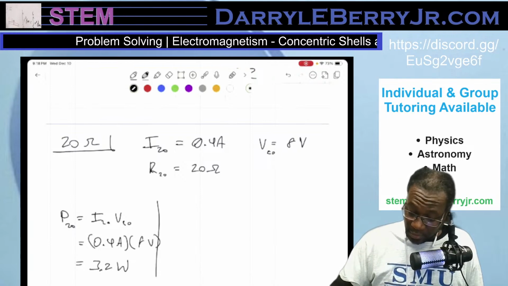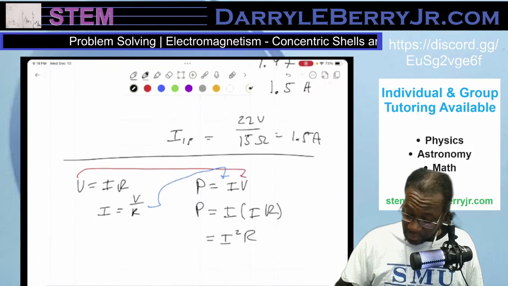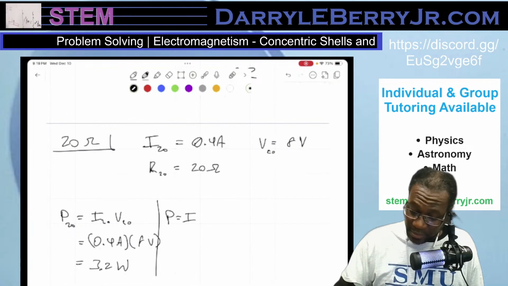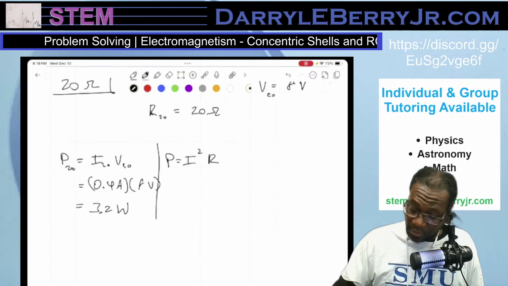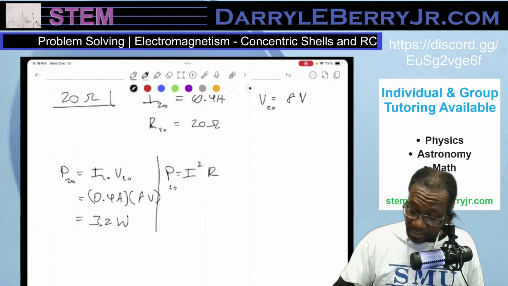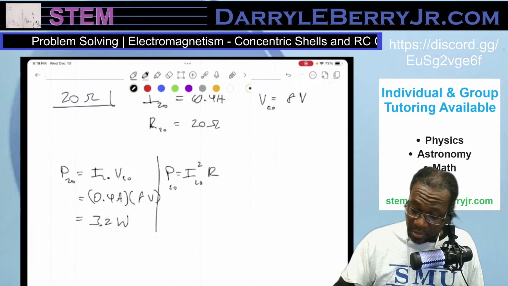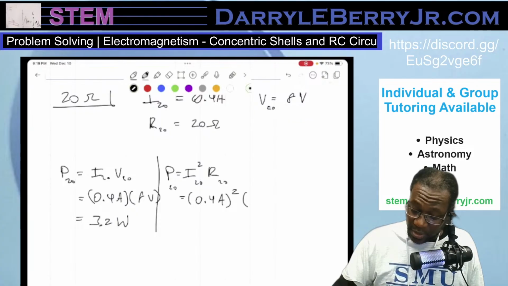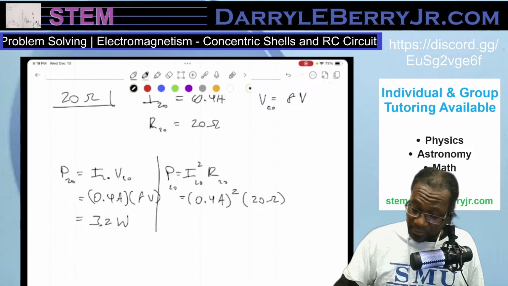All right. So we'll do, what was the other equation? P equals I squared R. So that's P20 equals I20 squared R20. So that's going to be 0.4 amps squared times 20 ohms.